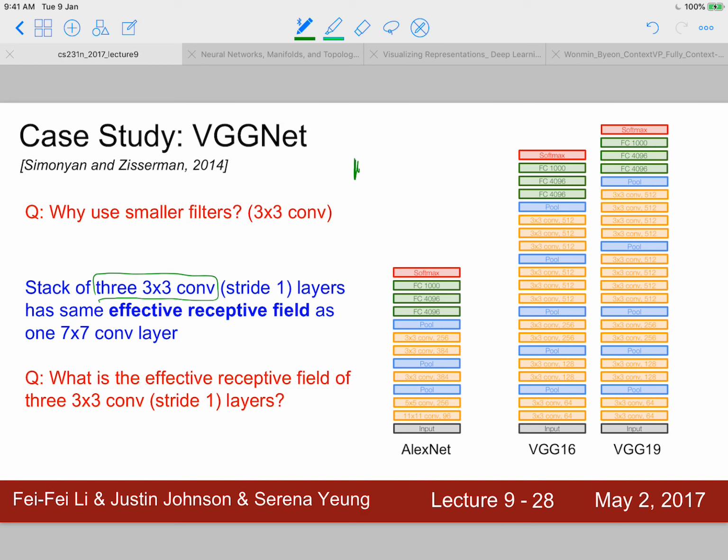Starting with the 1 pixel, left and right, it will give us 2 more pixels in the first convolution and another 2 more pixels in the next convolution. So we are going backward, right? And then 2 more pixels in the very first layer. And thus the receptive field is 7 by 7. So does it make sense?